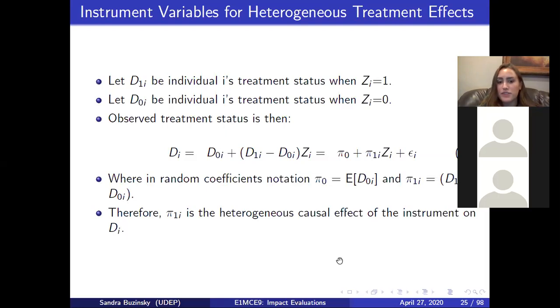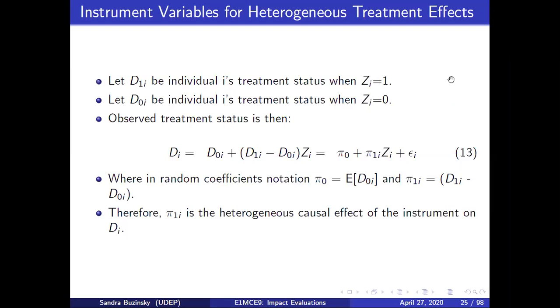So then we observe the treatment status Di. This is just an easy way of saying zi either equals 1 or 0 for you, and that's going to affect whether your di is 1 or 0. And so di is a function of pi 0 plus pi 1i zi plus ei. So di is a function of zi.